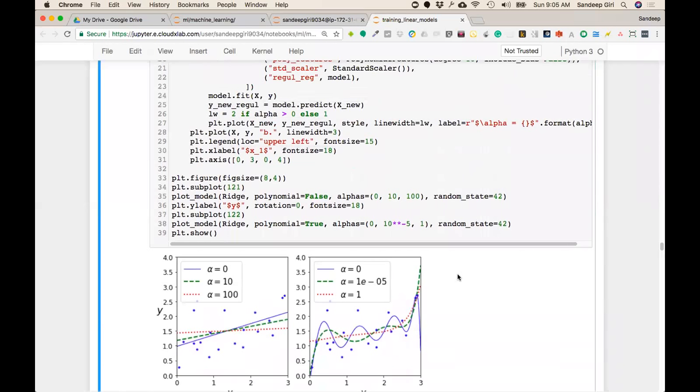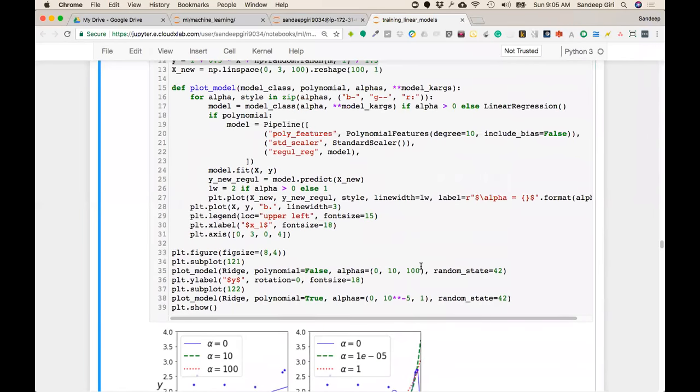A question from Gopi. Why include bias? This is our model class.